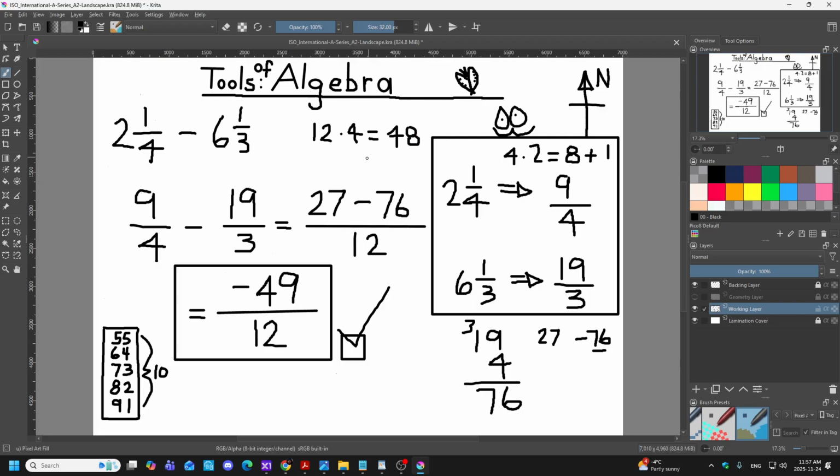All I'm doing right now, guys and gals, is turning our answer from an improper to a mixed fraction. 4 is going to be our front number. We have 48, so to figure out my numerator, all I need to do is 49 minus 48.